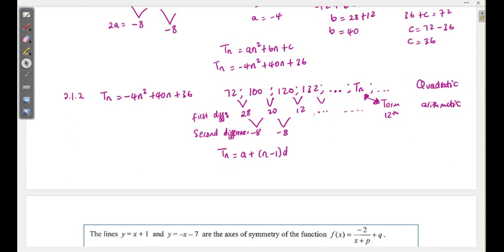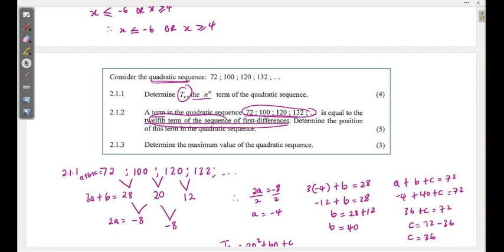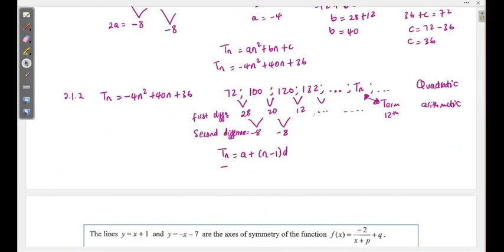Now since they make an arithmetic sequence, we're told about T12, the 12th term of the sequence of first differences, which means we're talking about T12. T12 will be equal to the first term, which is 28, plus (n minus 1), remember n is 12, times d, the difference, which we know is negative 8.